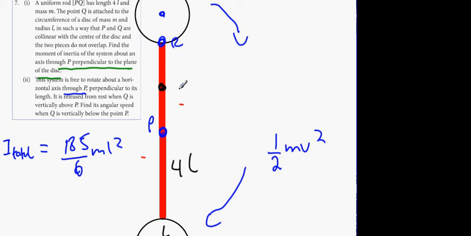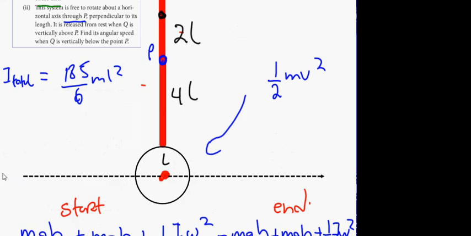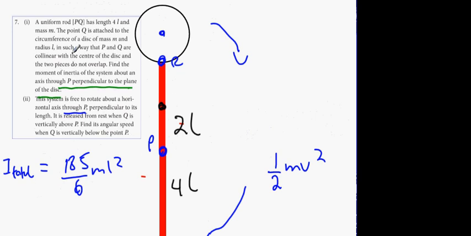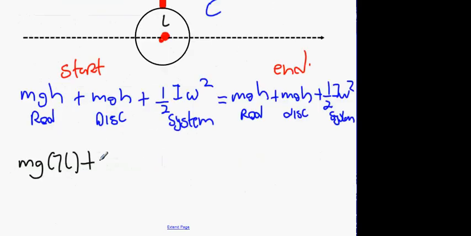The centre of gravity of the rod, where all its weight will lie, will be the centre of the rod. That's why it's 7L: 4L plus 2L plus L gives you 7L. What about the disc? Centre of gravity of a disc, dead centre, plus another 2L plus another L. 10L? Perfect. mg 10L.